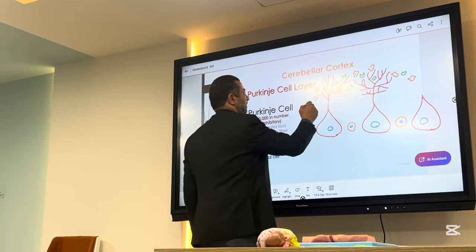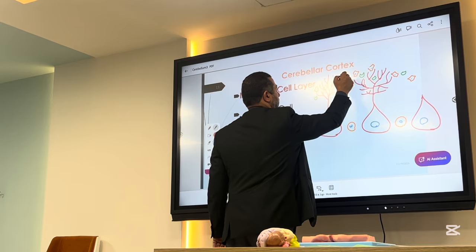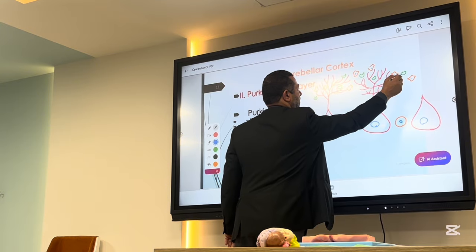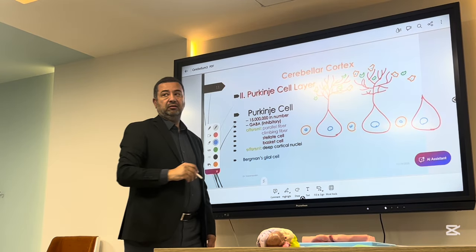The density of neurons in the molecular layer is very low.